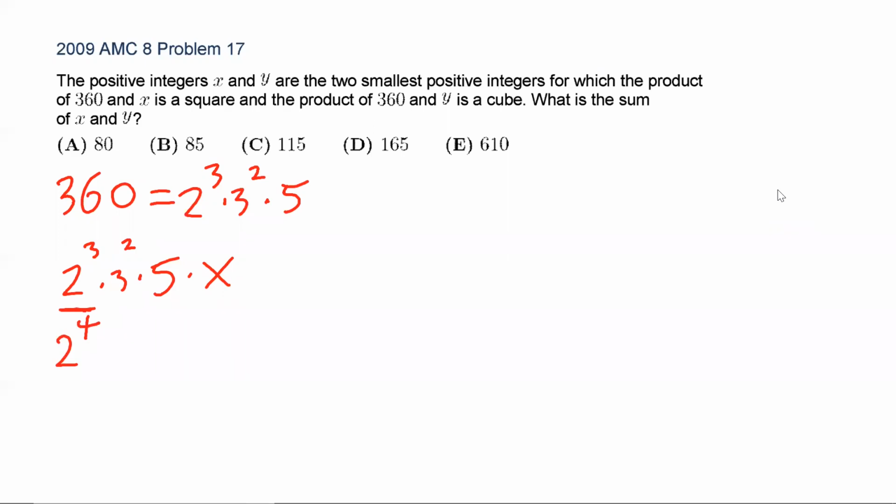And in order for that to happen, x has to have a 2 in it. And 3 squared here is already a perfect square, so we can ignore that. Now 5 here, you need to multiply by another 5 in order to get 5 to an even power, which means x here is 2 times 5 equals 10.